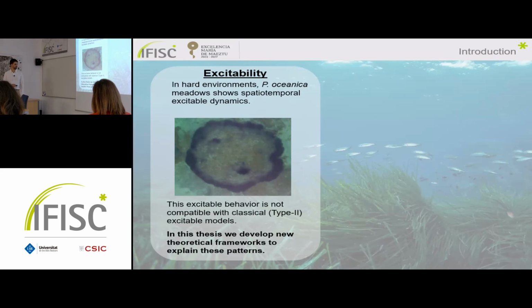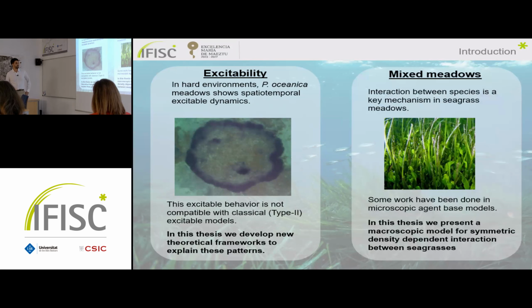So in this work, we develop a new theory to try to explain how these kinds of patterns emerge in the case of Posidonia oceanica or other similar systems. Secondly, we talk about mixed meadows, because the interaction between plants in seagrass meadows is an important mechanism.